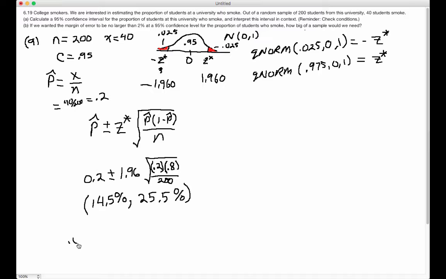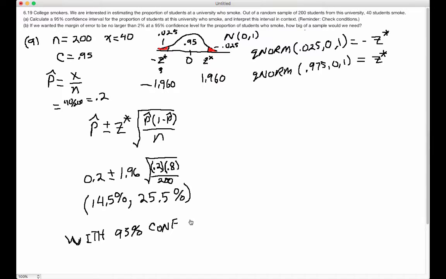So with 95% confidence, remember we have a very specific definition of what confidence is. That's the probability that our system of creating an interval to capture the population parameter worked. So we're 95% confident that our system worked.